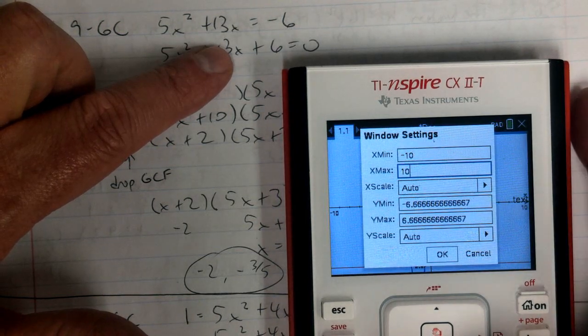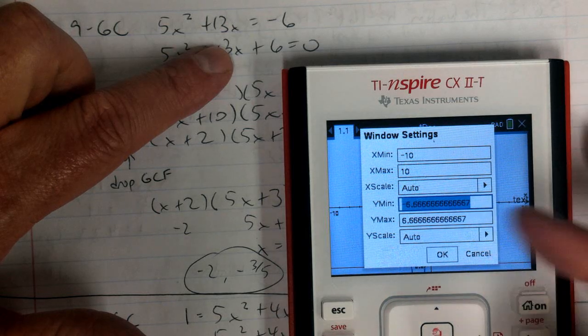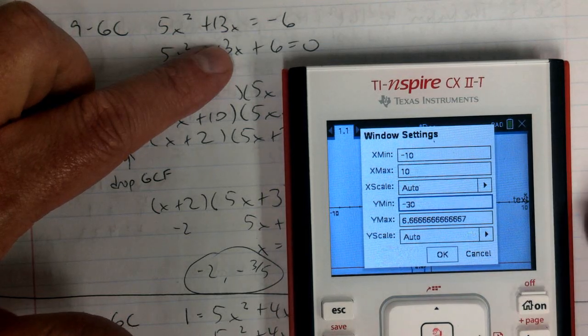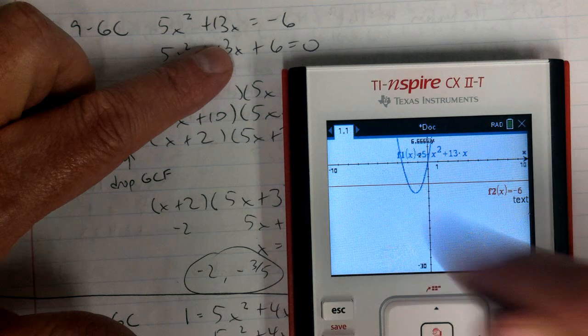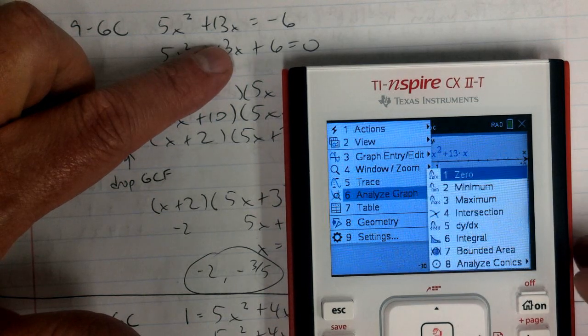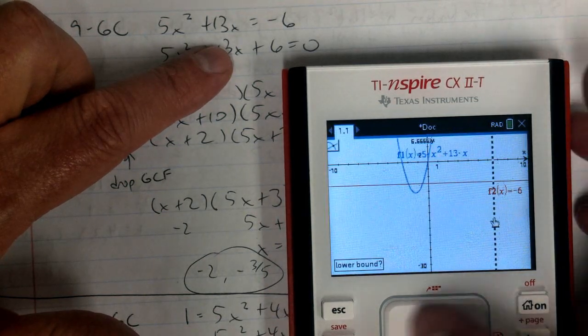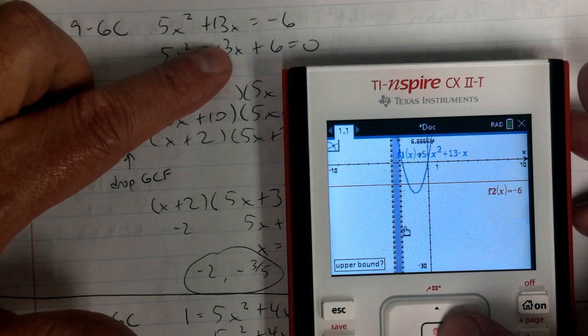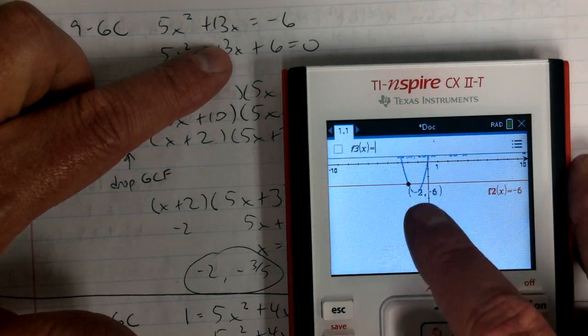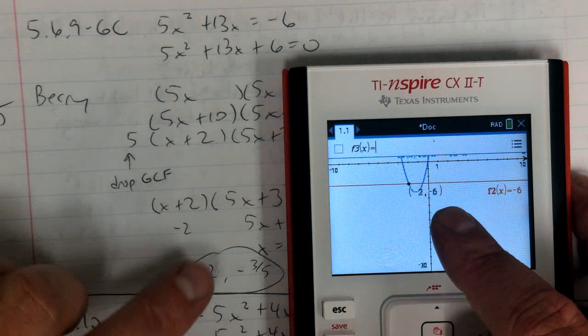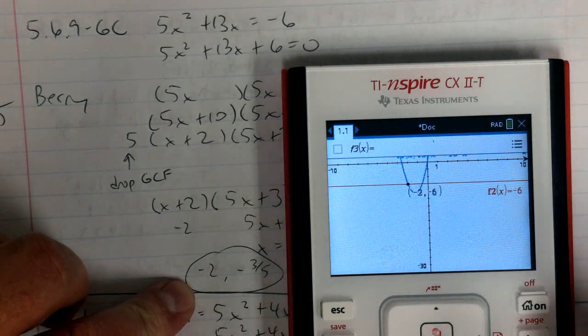In particular, change your y minimum to be like -30 or -20, and then you do your intersection. So between here and here, that's -2, -6. So there's your -2 answer.